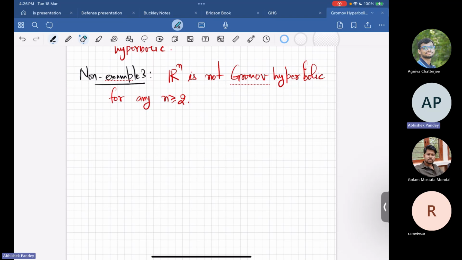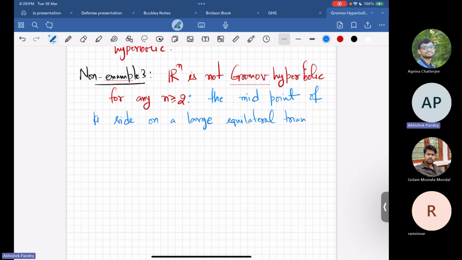So basically, the midpoint of a side on a large triangle is far from all points on the other two sides.